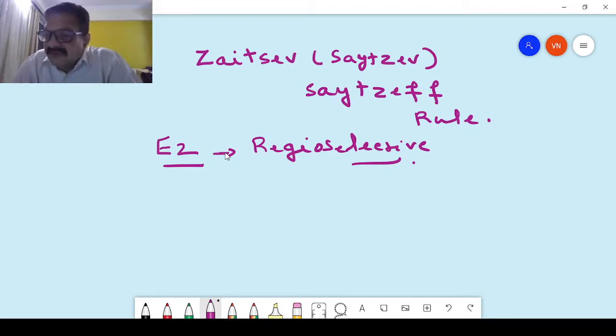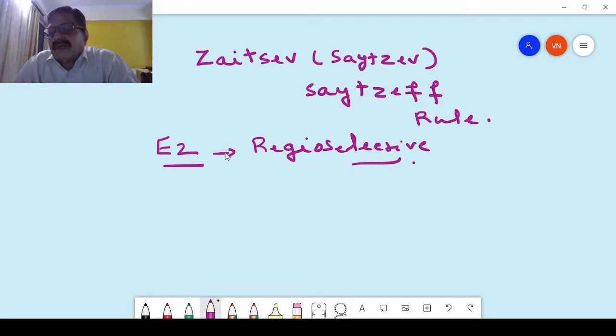The Zaitsev rule results because the double bond is partially formed in the transition state for the E2 mechanism. Increasing the stability of the double bond by adding R groups, that is, a more substituted double bond, makes it more stable.